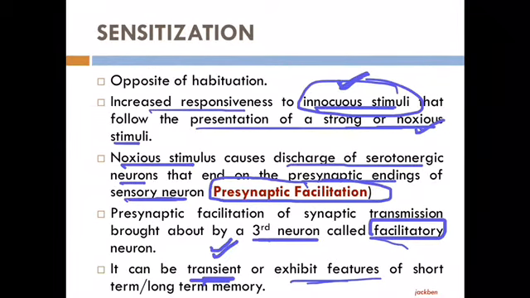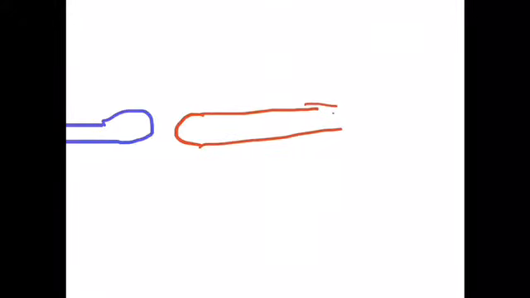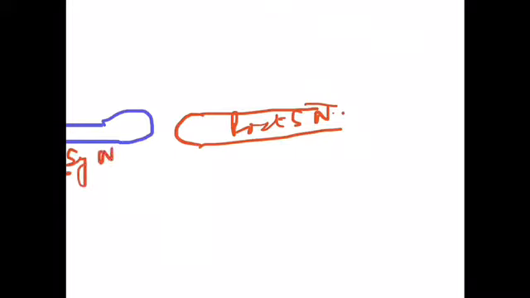Let's take an example to see the meaning of presynaptic facilitation. I am drawing the innocuous stimulus, that touch because of the clothing. And with this red color I will draw the postsynaptic neuron. This is the presynaptic neuron. Okay, that's the normal.